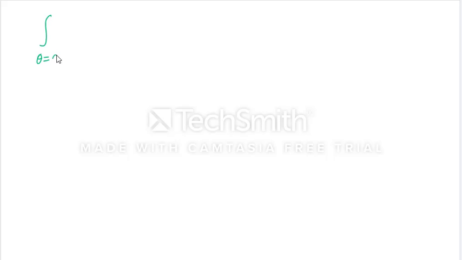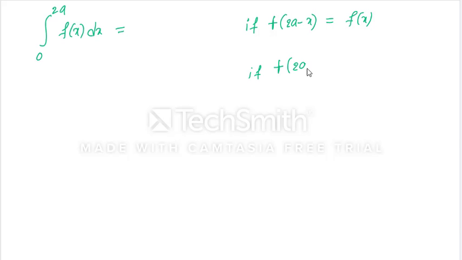If the limits are 0 to 2a, may not be theta, anything, if we have f of x into dx like this, we should check if f of 2a minus x is equal to f of x, or f of 2a minus x is equal to minus f of x, in that case we have relations.